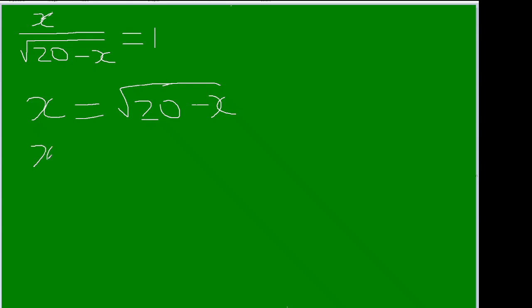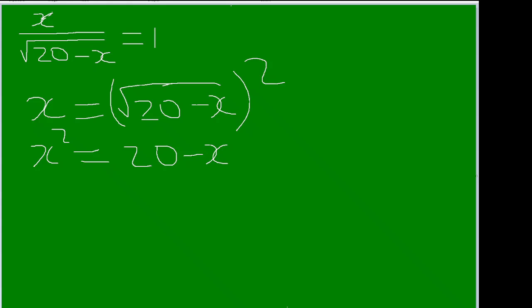So we'll have to square both sides. When we square, we'll have x squared is equal to 20 minus x, since this one is squared and this is squared. Now we have to rearrange the equation and set it equal to 0.